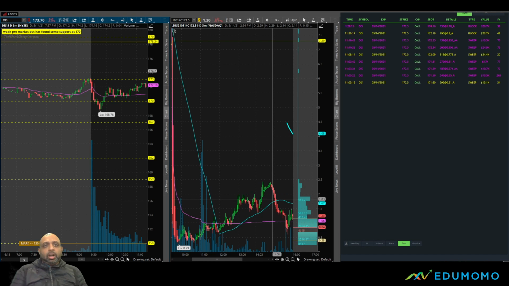But this is one trade that, using the option flow and the watch list levels to guide, is really two trades, right? The first one being the morning short, the second one being after the consolidation and seeing option flow: where could it go? How can I maybe make money off of it? And so that's Disney. That was an amazing setup. You can just look at that base, right?